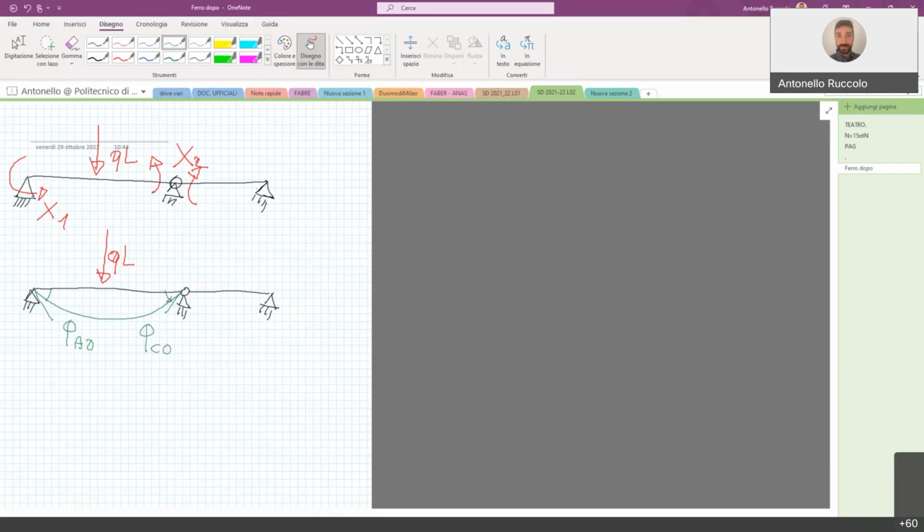Okay? This angle is also the difference of rotation in the node C, because we have a deformation of this beam in the node C, a mutual rotation of AC with respect to CD equal to this angle.